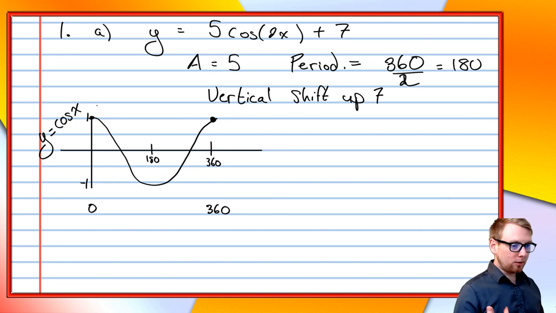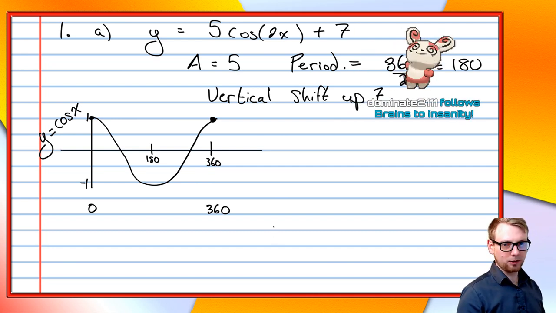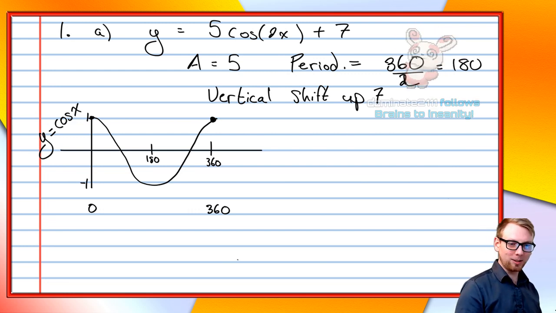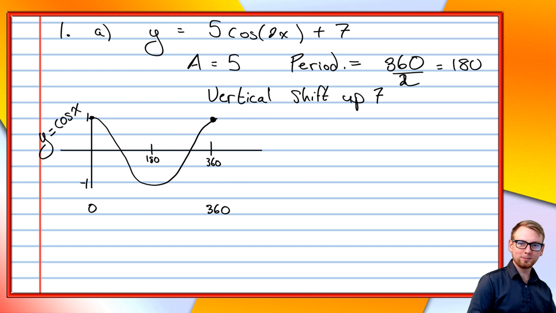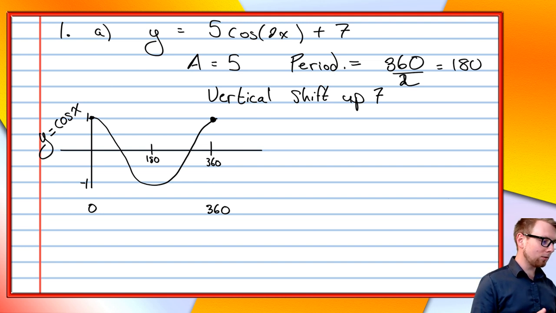If we want to start incorporating all the shifts and stuff to it, we need to do it one step at a time. So which one do you want to start with? Oh, thanks for the follow, bud. Which one do you want to start with, CW? You want to start with changing the amplitude, changing the period, or doing the shift?